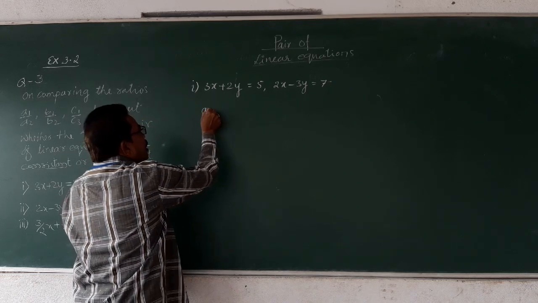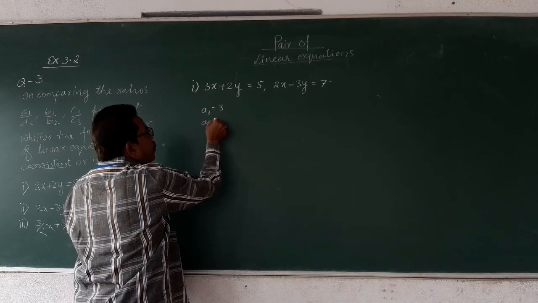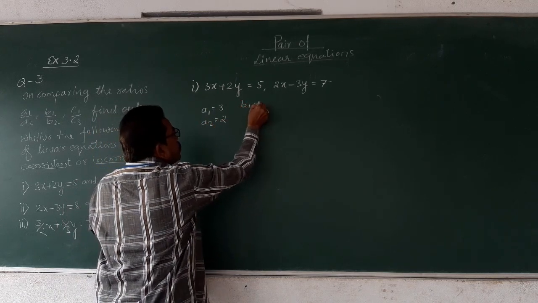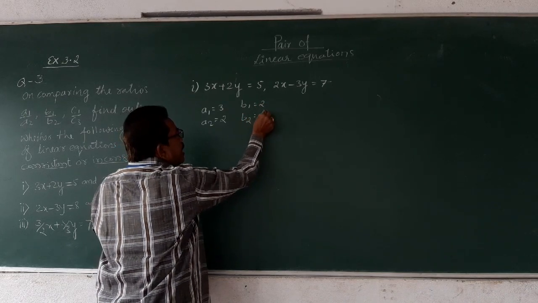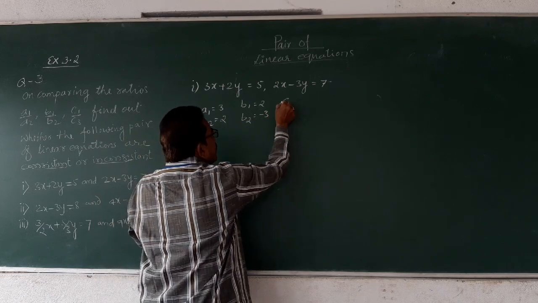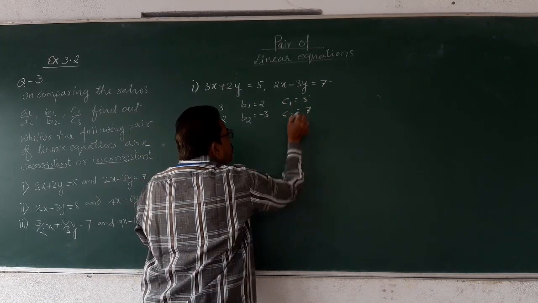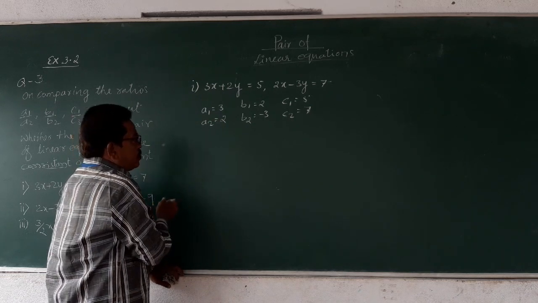Okay, a1 equals 3, a2 equals 2, then b1 equals 2, b2 equals minus 3, then c1 equals 5, c2 equals 7. Okay, let us compare the ratios.